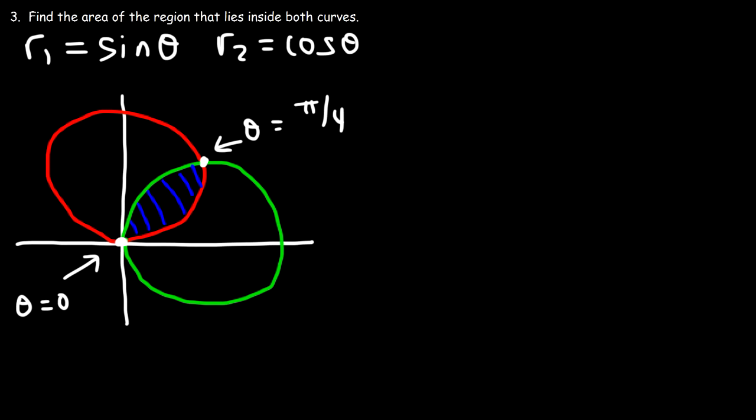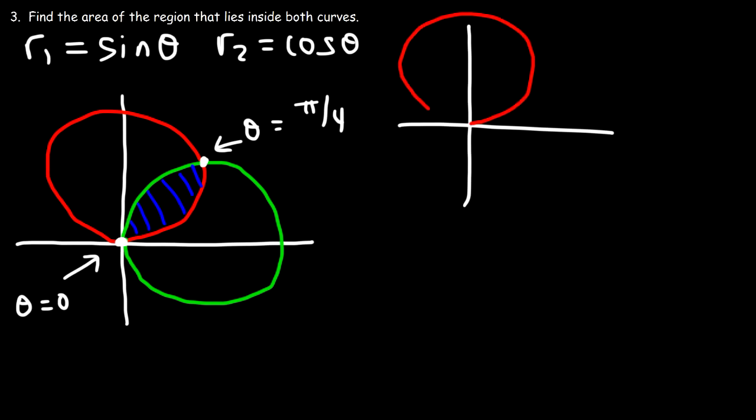So how can we set up the integral that will give us the area of the shaded region? Let's draw this one step at a time. Let's focus on the red curve, and let's understand what's going to happen if we integrate from 0 to pi over 4.